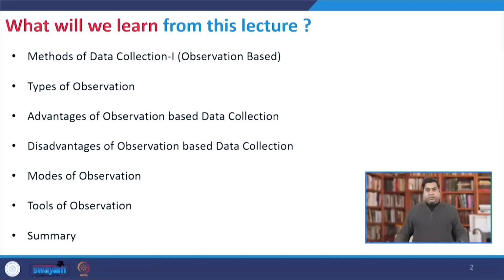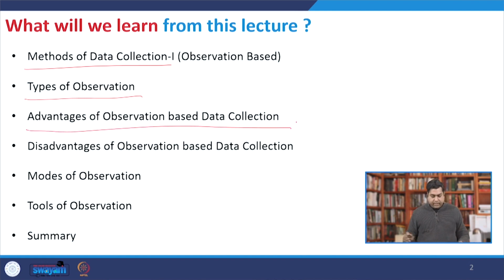Now the content of this particular lecture, or what we are going to learn out of this lecture: we will try to understand the methods of data collection, observation based type, then type of observations, that is how we can classify the observation, and what kind of devices you want to use and their drawbacks and advantages.